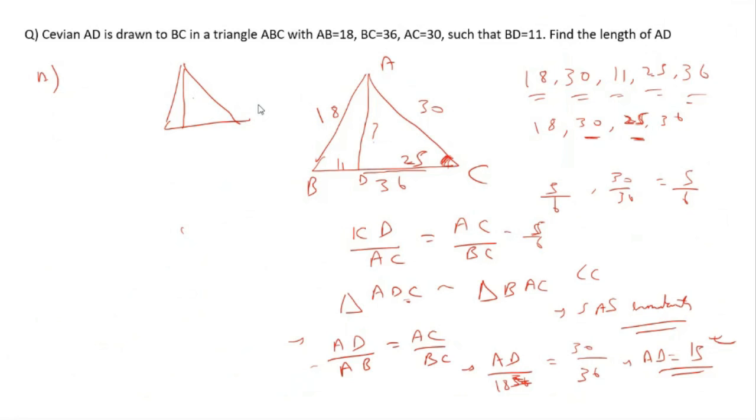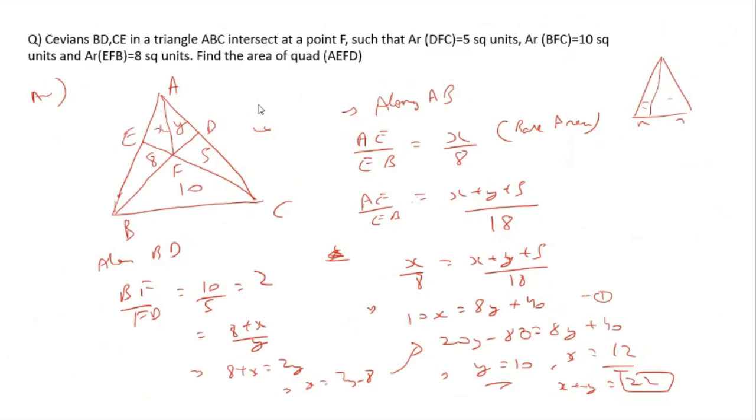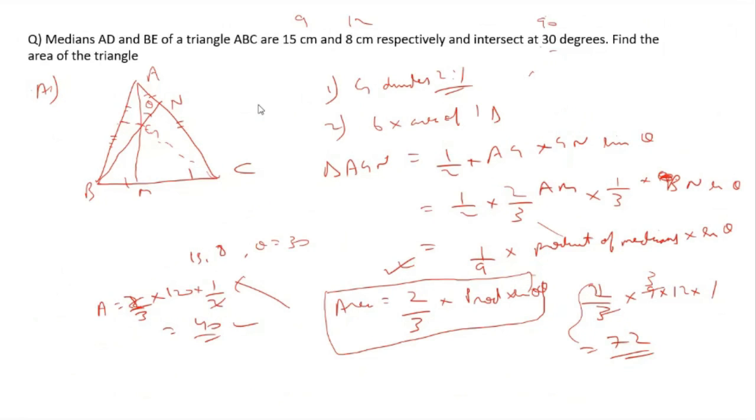The only thing was observing the sides and observing that similarity exists. This is base area ratio, a great question to exhibit that concept. This is a standard result which we just derived, and now that you know the derivation also, you'll not forget how to apply this. It should be okay.